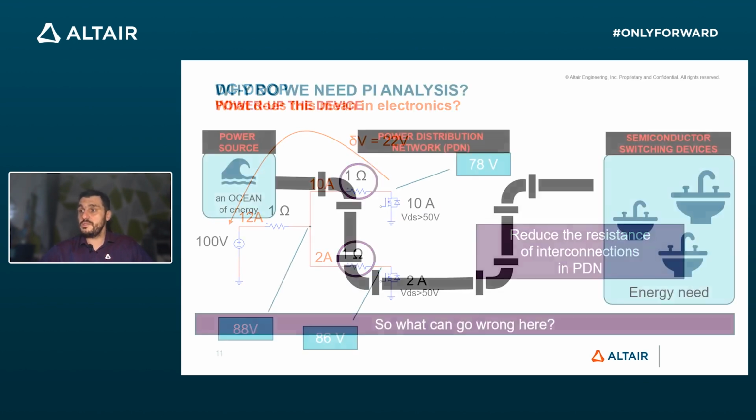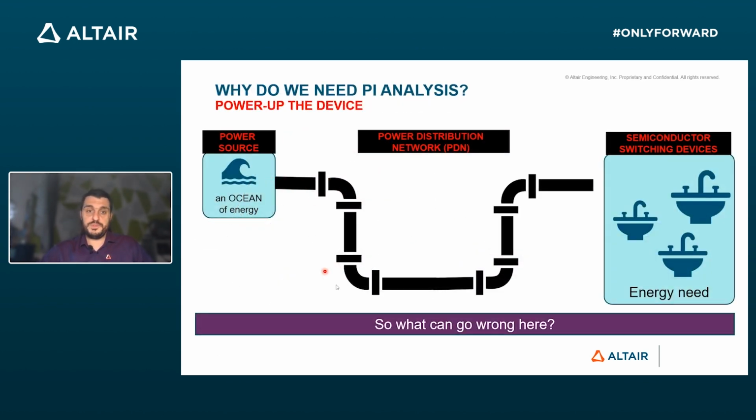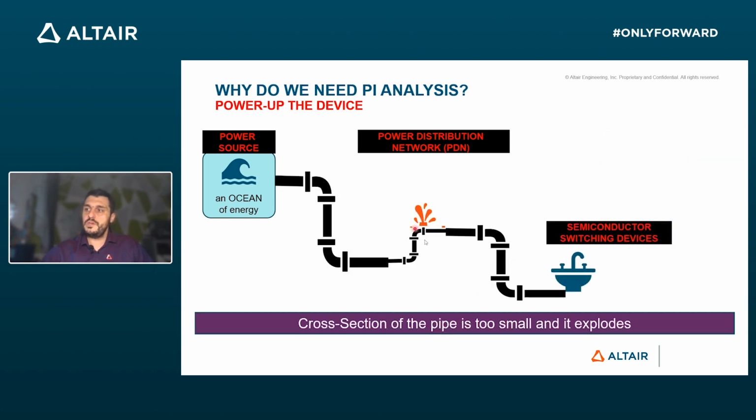Next thing, what can still go wrong with this simple system we consider? What is happening if we are using too small a cross-section of the pipe and we want to have a very high pressure system? There will be a situation that at some point in time this pipe will explode because of this high pressure and this amount of water we try to transfer through this very narrow pipe.